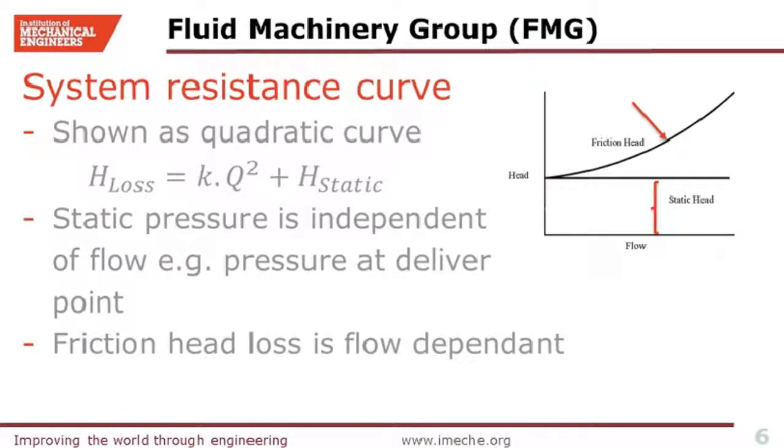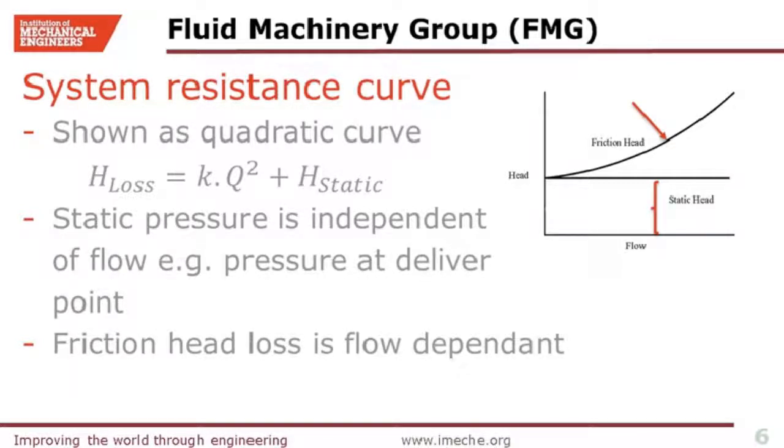The system resistance curve then technically is a formula which can be represented as a quadratic function of flow rate, and this formula has two parts. The first part is the frictional head loss, which can be calculated using the Darcy formula, and the second part, which I showed as H static here, is the term which is independent of flow rate.